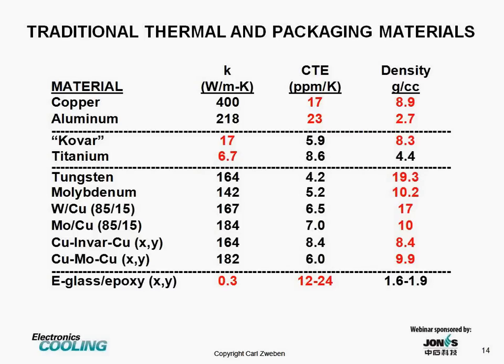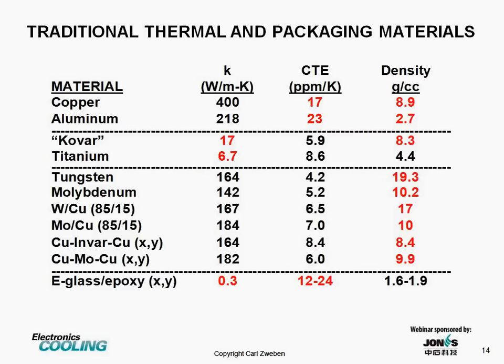We can turn to materials like Kovar and titanium, which have lower coefficients of thermal expansion, but those materials also have very low thermal conductivities and are almost in the range of thermal insulators, not quite. If we need higher thermal conductivities combined with low CTEs, we can turn to materials like tungsten, molybdenum, tungsten copper, molybdenum copper, laminates like copper, Invar, copper, and so forth.